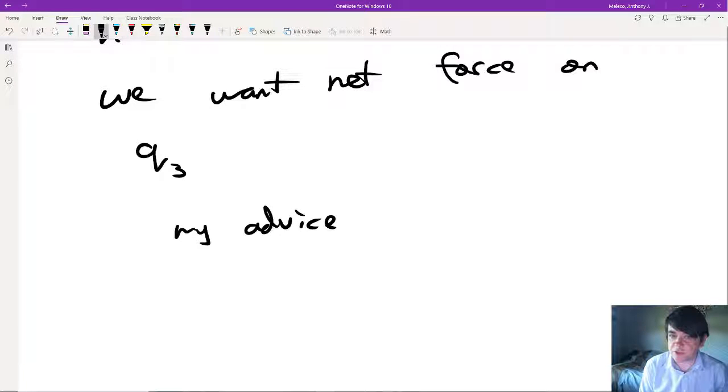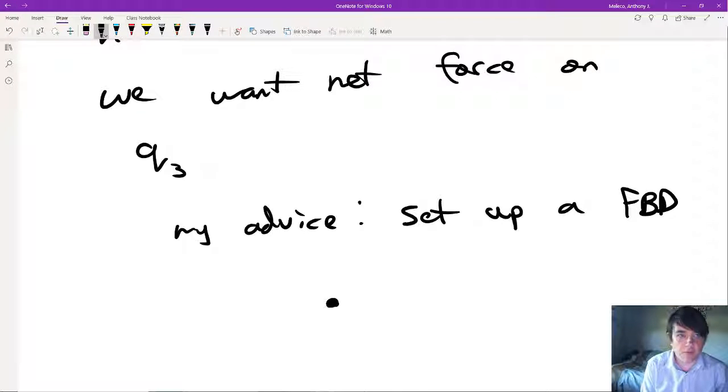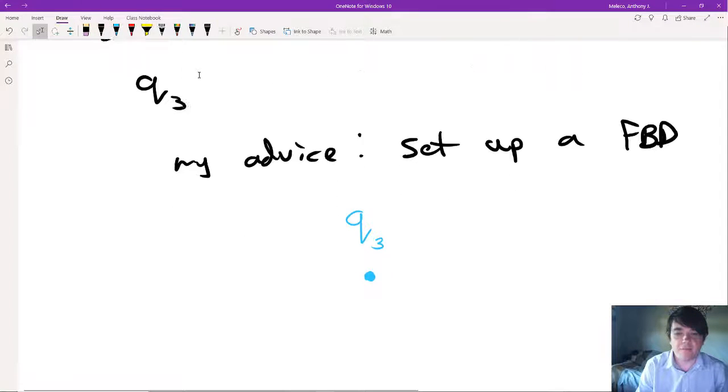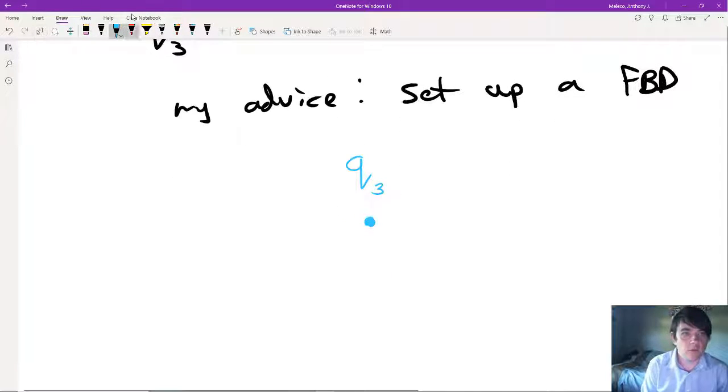So my advice for multiple charges: set up a free body diagram, if you remember that, right? So a free body, here's Q3. We have the force due to the positive charge. It's attracted to the positive charge, right?